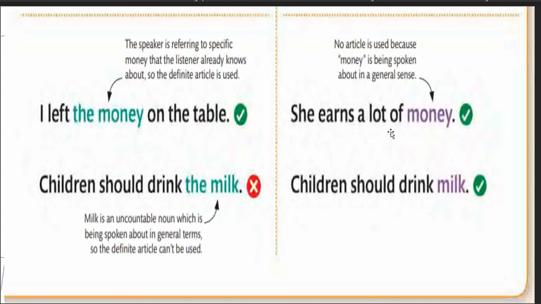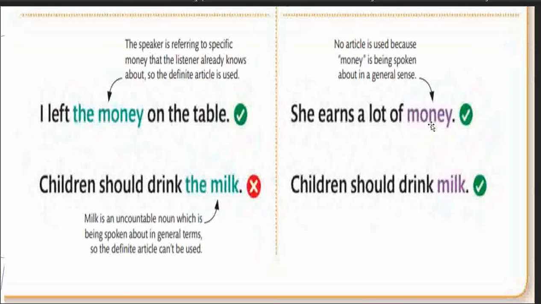She earns a lot of money. Now wait a minute. We have used the money in the previous example where the speaker and the listener were aware of what money. Now over here, she earns a lot of money. The word money is used in a general context or general sense.